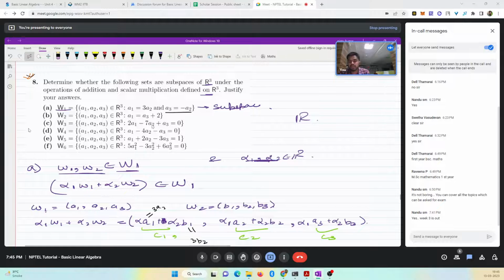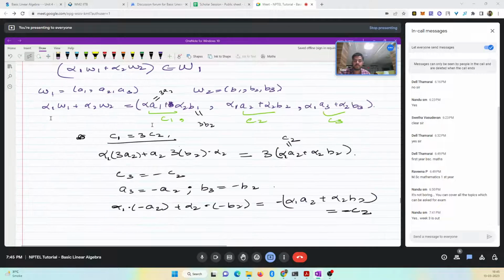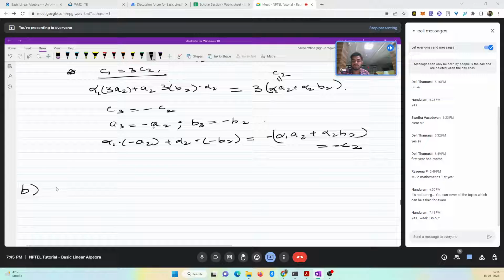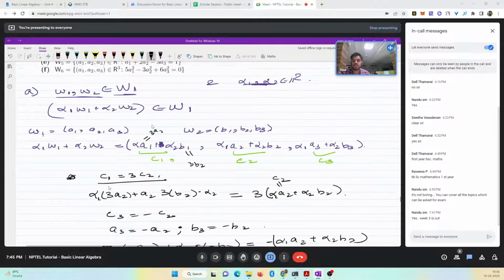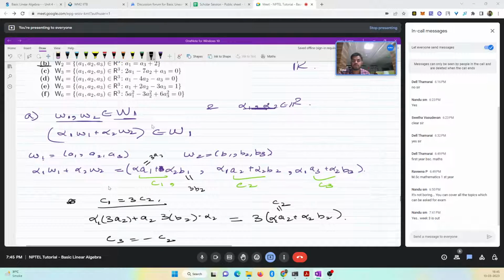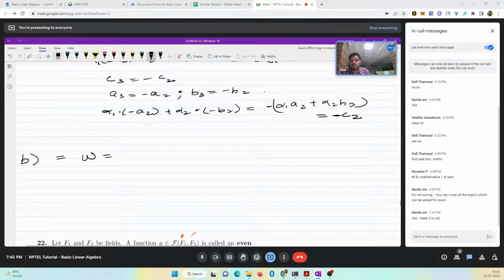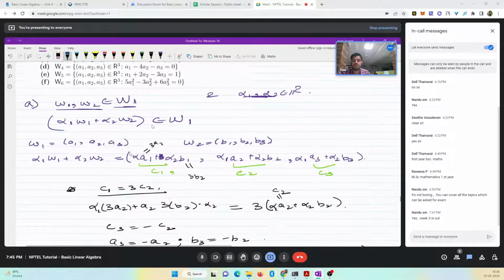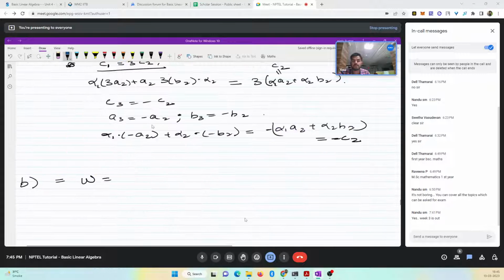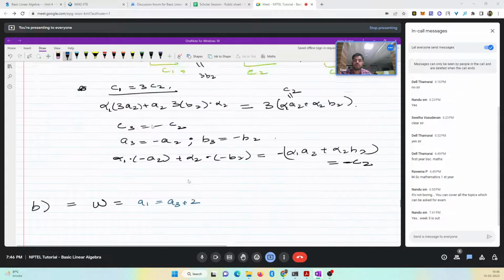I'll take this example, B part. So B part says my W is such that A1 is equal to A3 plus 2, right?